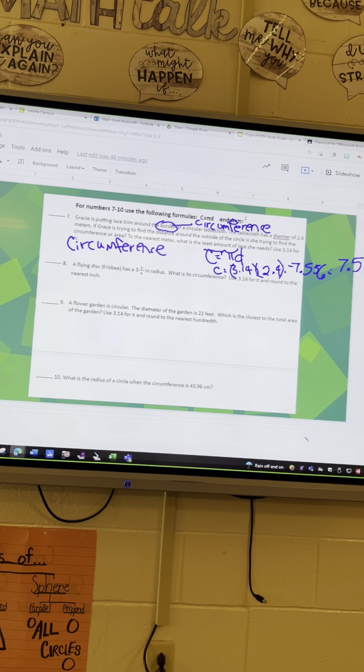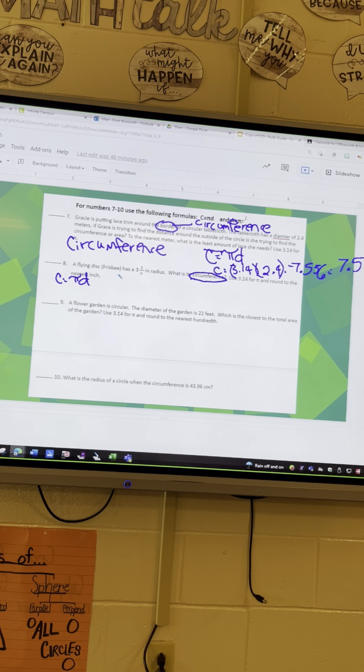Number 8. A flying disc, that's a frisbee for anybody, has a radius of 3 and 5/6. What is its circumference? Circle the word circumference to make your brain look at it. C equals pi times D. Well, I'm given the radius. How do I find the diameter?